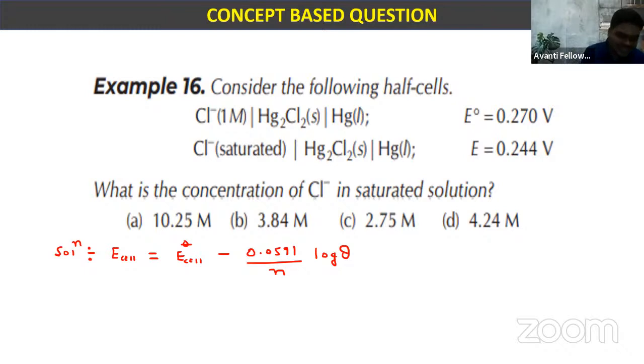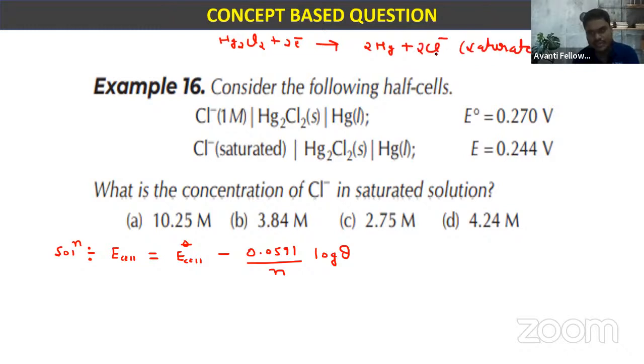Now, for the particular reaction, can you calculate the number of electrons? Let me write the equation so that you are able to calculate. What is the half cell reaction? This is Hg2Cl2. They accept 2 electrons to convert into 2 Hg plus 2 Cl negative, that is saturated.